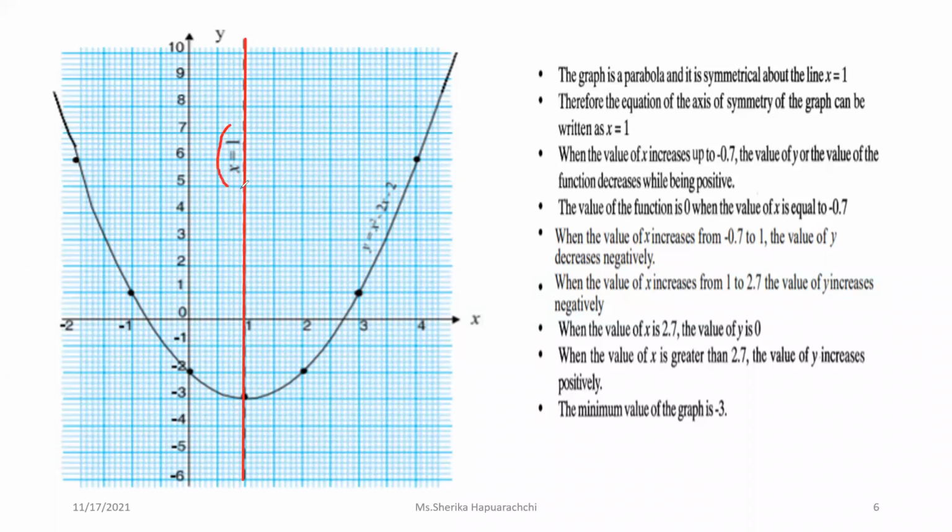And then I can identify what my points are. See, the x-axis cuts at these 2 points, and then the y-axis cuts at this point. Then this is my minimum value. Like that, you can identify many more pieces of information from this curved graph, right?